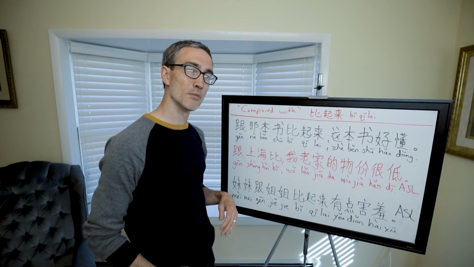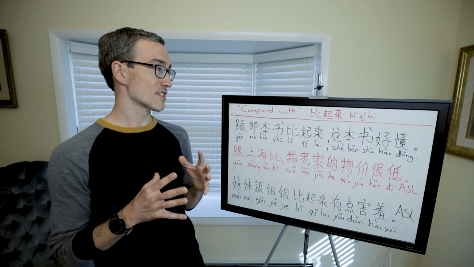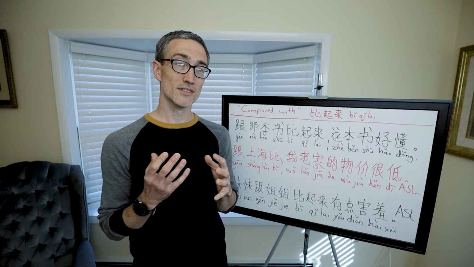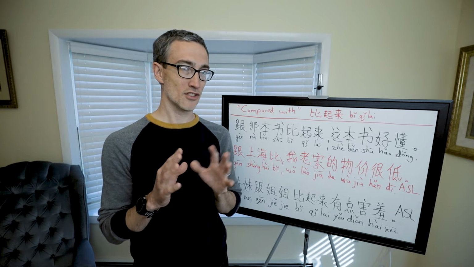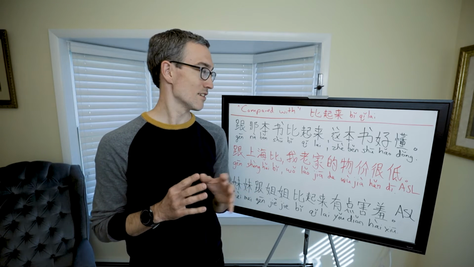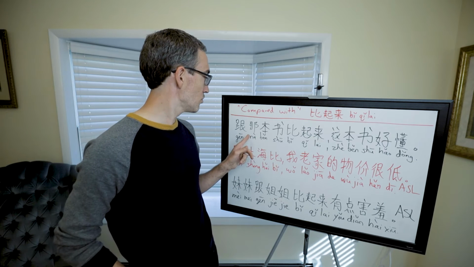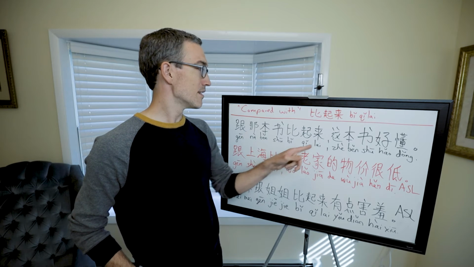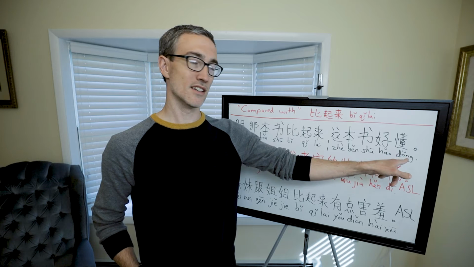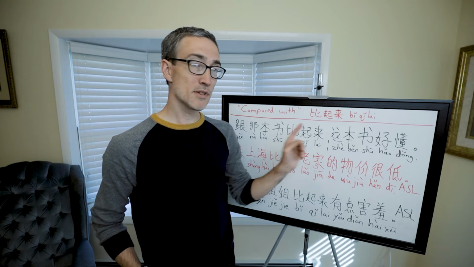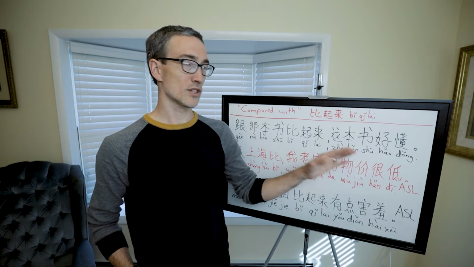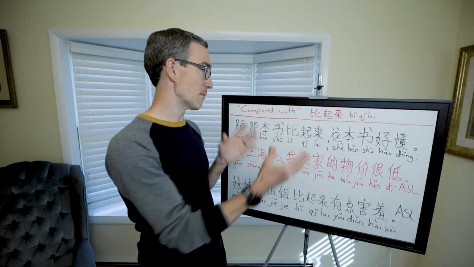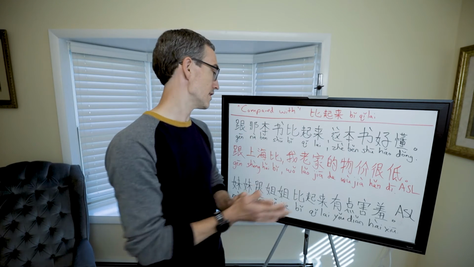Do you remember what 好懂 means? 懂 means to understand. So 好懂 means good to understand? No, it means easy to understand. So compared to that book, this book is easy to understand. What is the subject of the sentence? 这本书. We're talking about this book, and it's compared with that book. This book is easy to understand.